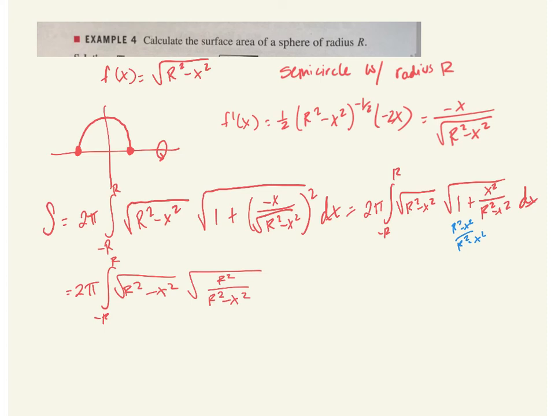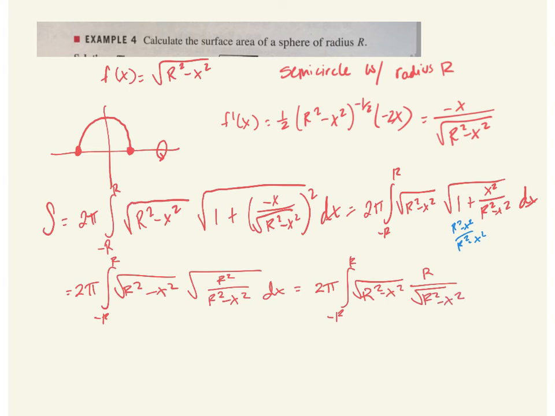Now I have a square root of a single term fraction, so I can square root the numerator and the denominator separately. So that means I have the square root of r squared, or just r, divided by the square root of r squared minus x squared.